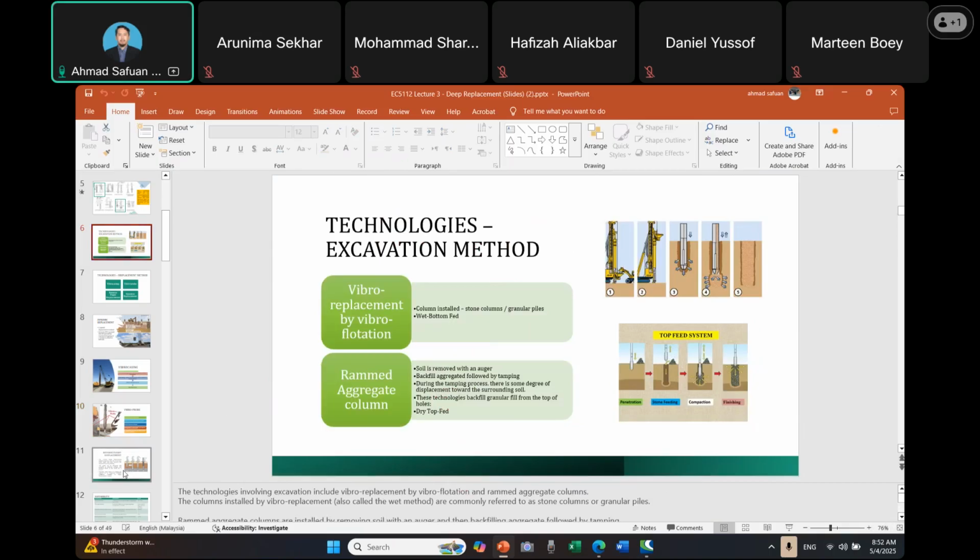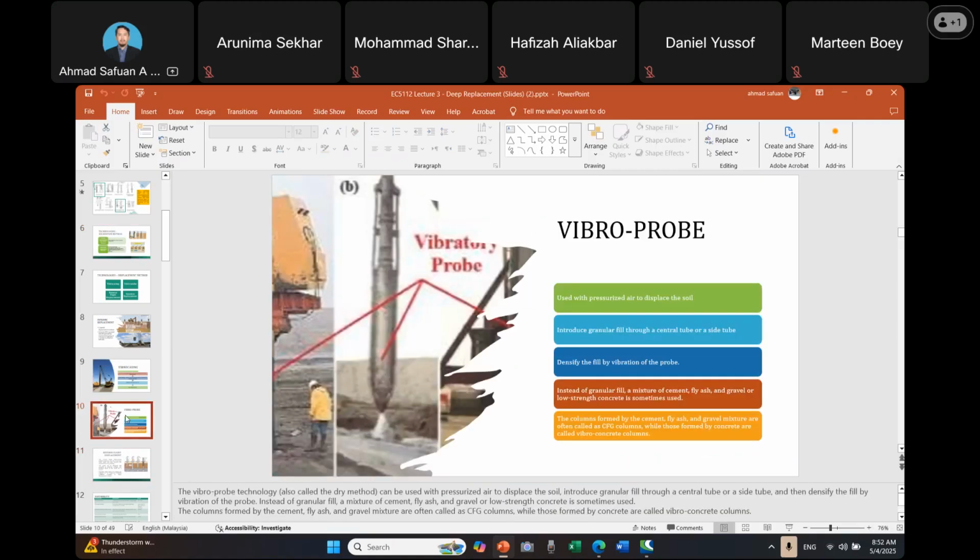For the bottom feed, they make a hole, and when the hole reaches the bottom or the desired depth, they fill the bottom first until it is filled up to the top. So that is the bottom feeding system.